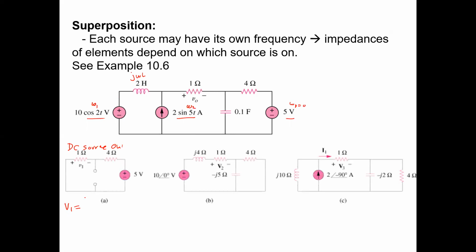Sorry, I can't hear. Can you say it louder? It's going to be 1. Actually, it's going to be -1, right? It's a voltage divider, right? 1 over 4 plus 1 times 5. It's going to be -1 volt.